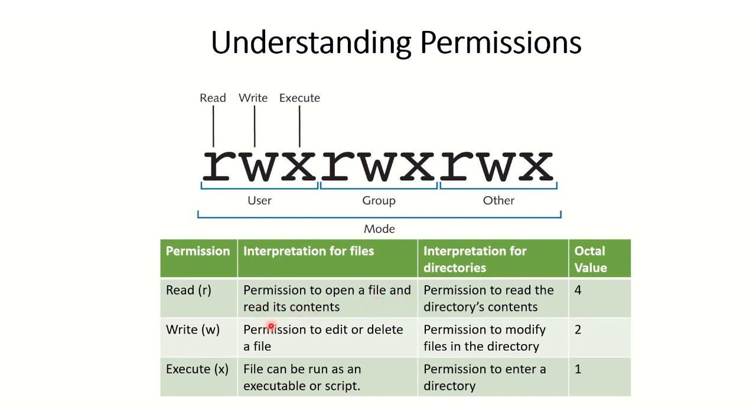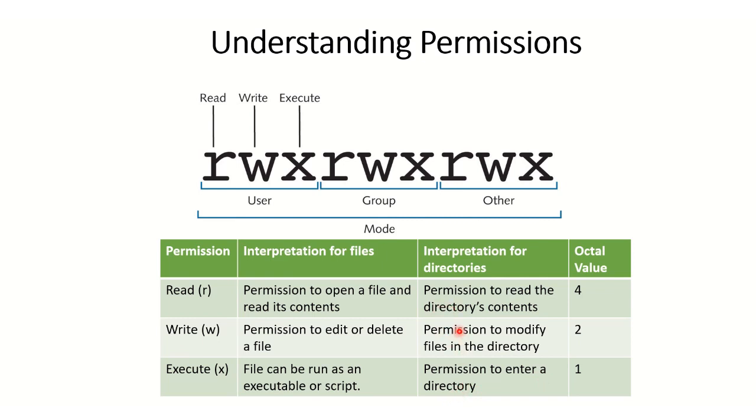For directories, it is the permission to read the directory's contents. Similarly, write permission is a permission to modify a file, and for directories it is the permission to add or remove files under the directory or to rename. And then execute permission represents whether a file can be executed. For directories, it is just a permission to enter the directory.